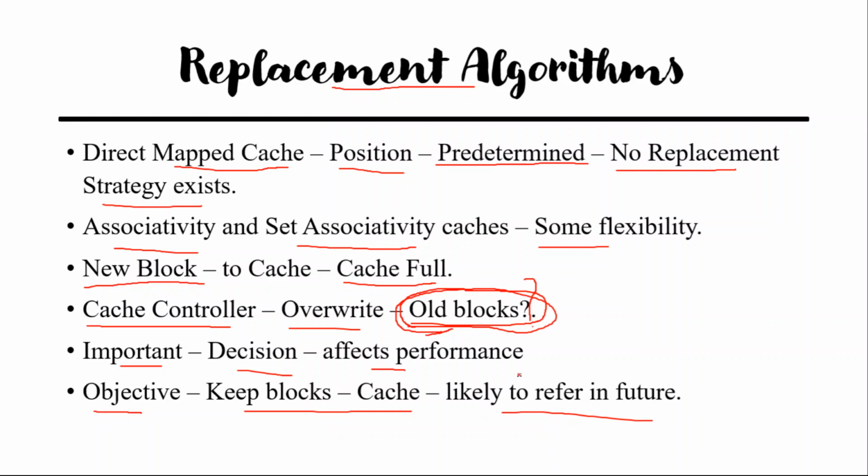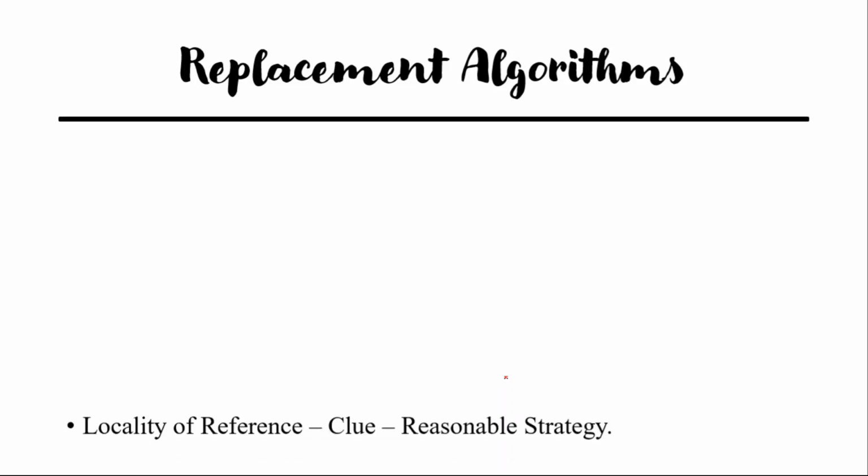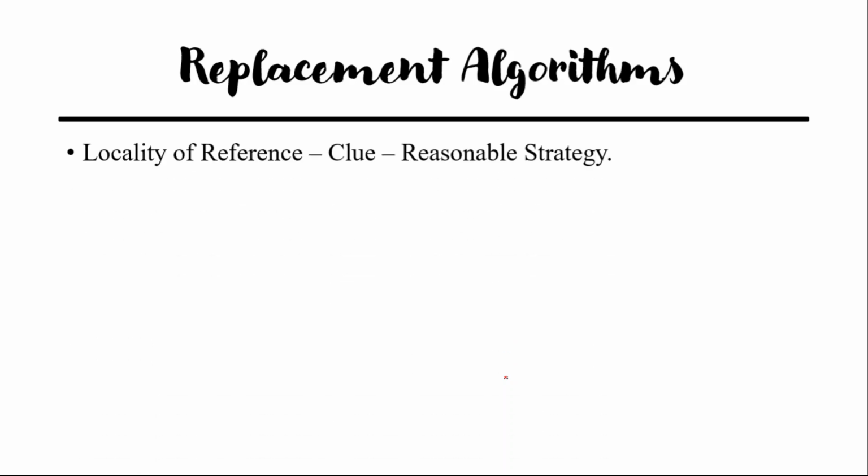But how will we identify whether a particular block is going to be referred to in the future or not? That's not an easy decision. There is no easy way to understand whether a particular block will be used by the CPU in the future, because we don't know about the future.